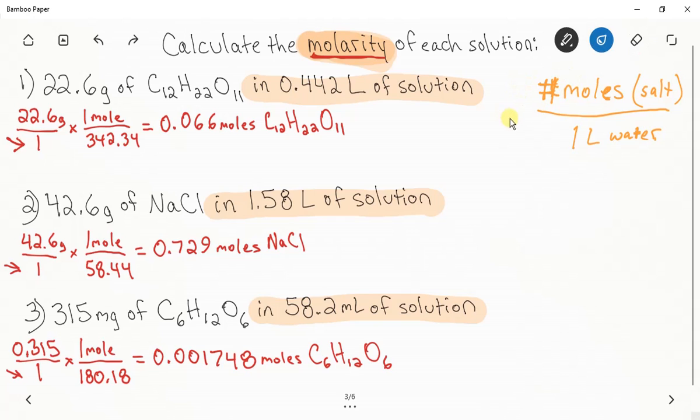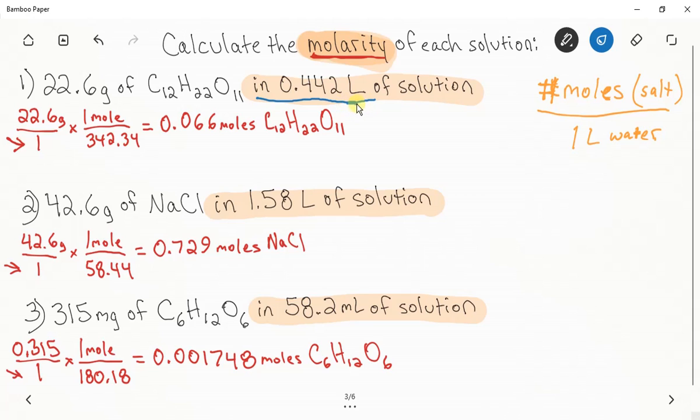So now let's do our first problem. We have 22.6 grams of C12H22O11 in 0.442 liters of solution. That means we have 0.442 liters of the Kool-Aid, or 0.442 liters of the orange juice.